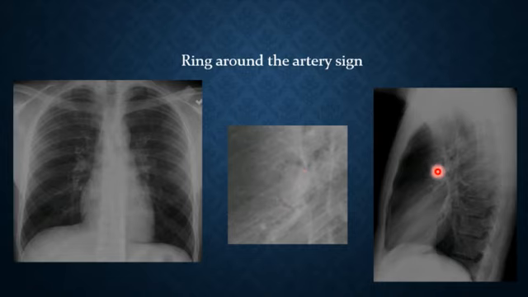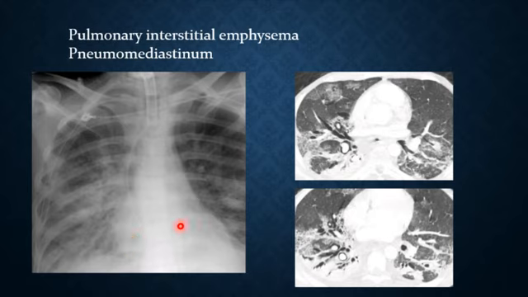Like, for example, here, you can expect pulmonary interstitial emphysema or pneumomediastinum. Like in this case, you can see multiple ring around an artery signs here and there. And when they did the CT scan, you can see the interstitial edema surrounding the pulmonary vessels.